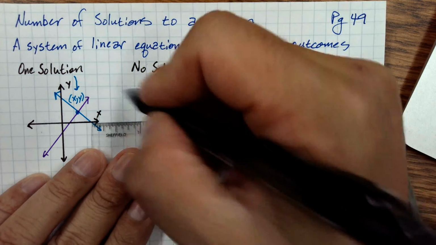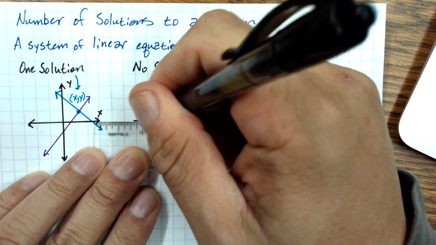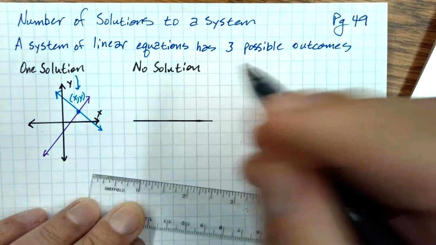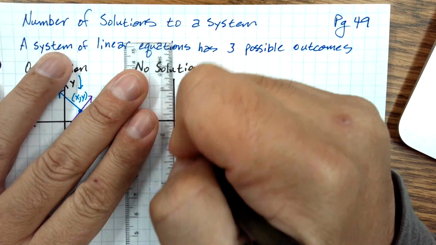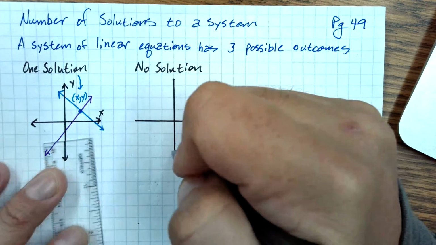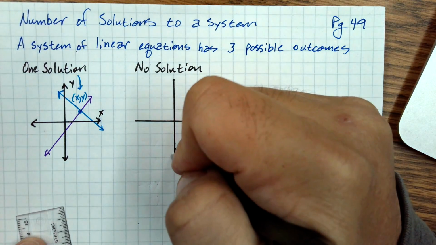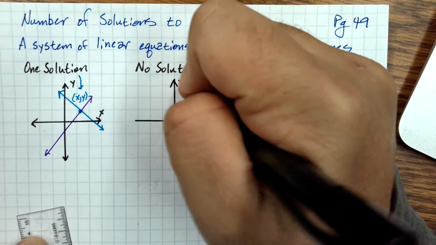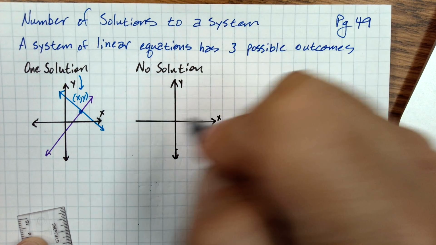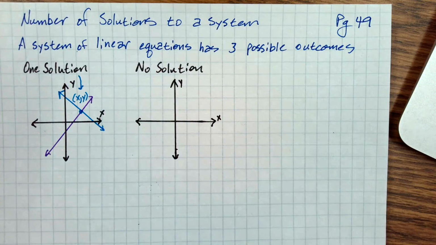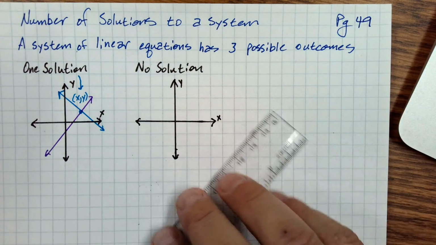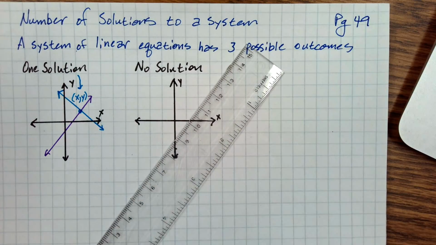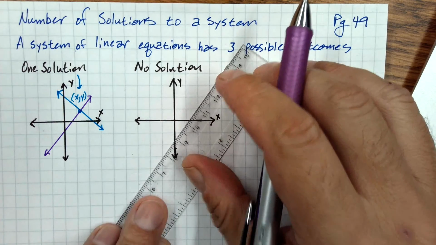Again, we'll make a quick sketch. And whenever you have no solution, that represents two lines that never touch.